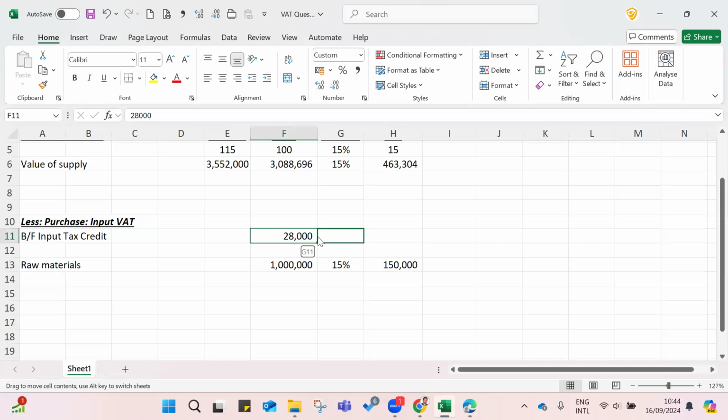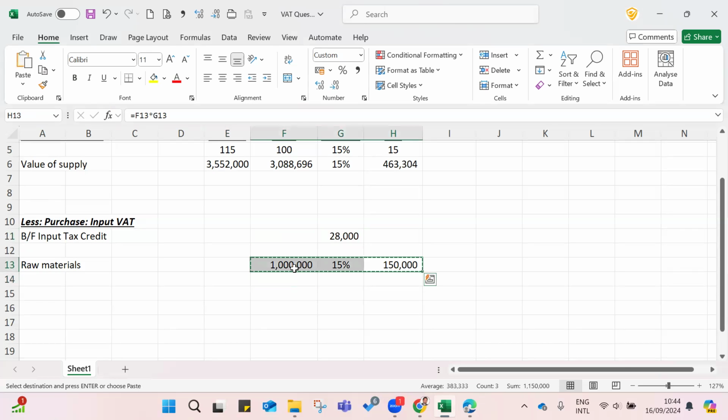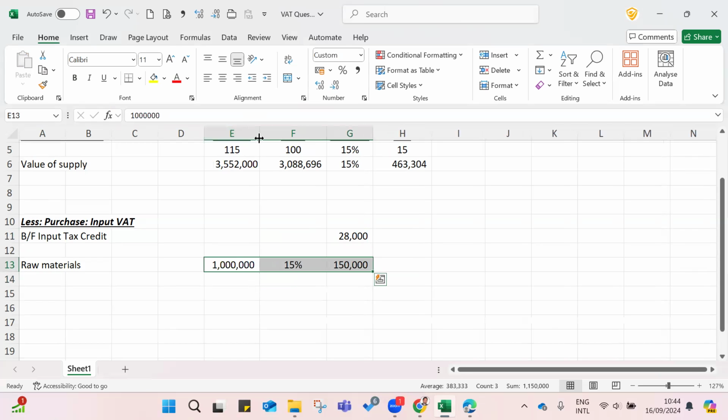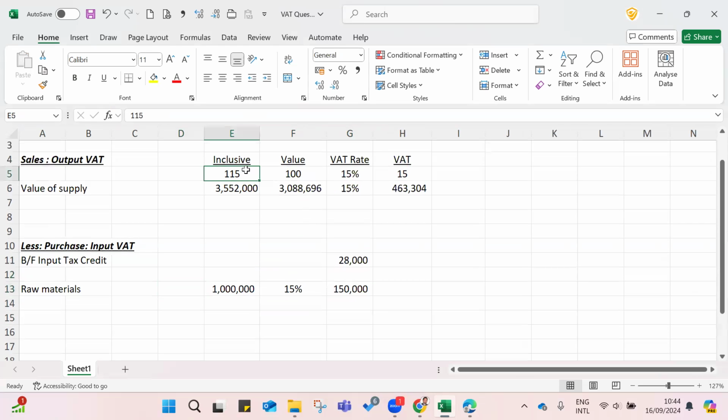So I would take these things a little here, right? Then you can easily sum up, right? So you need to remember 100 is how much? 15 is how much, right? If it is inclusive, you need to be mindful. It applies everywhere, right? You need to remember what the value is.